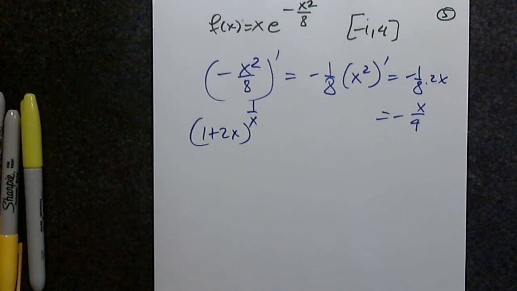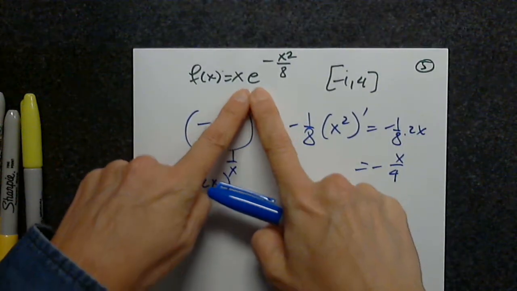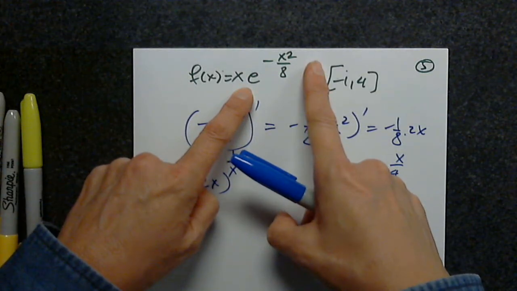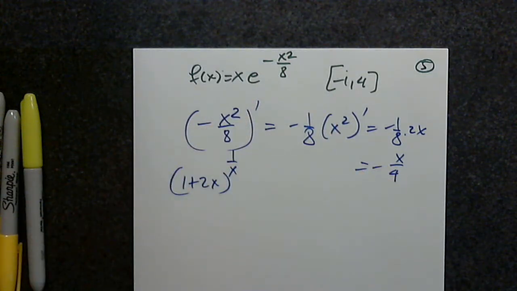This is a totally different story. The base is a function, 1 plus 2x, and the exponent is a function, 1 over x. But here, this is a constant. It's a constant raised to a function. It's e to u. It's not a function with x in it raised to another function with x in it.